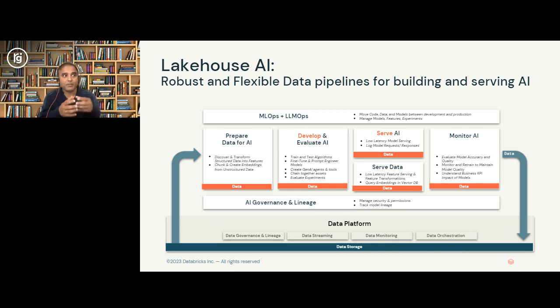In development, we provide tools for developers to maybe fine-tune a model, build a model from scratch through our Mosaic ML platform, or just build an AI application or an orchestration layer. Prompt engineering is a very important aspect in building generative AI applications. And MLflow is our MLOps tool, which is open source.